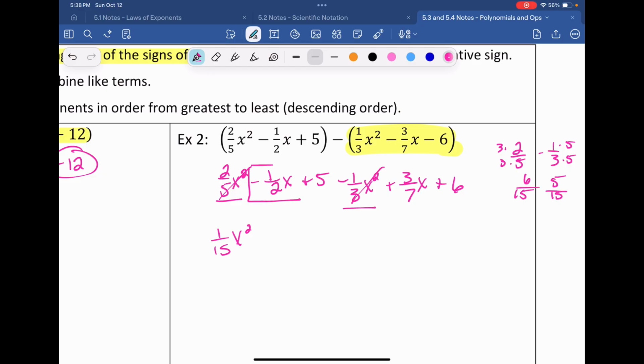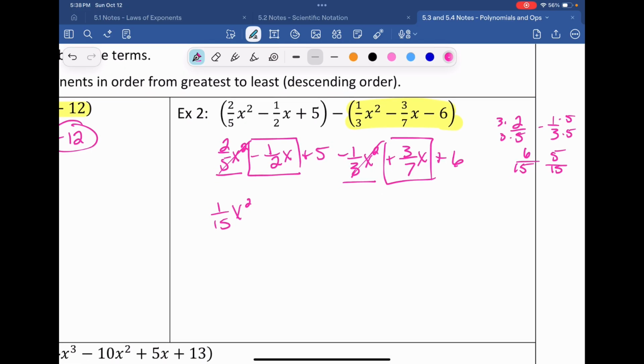Negative 1/2 x squared, or x and 3/7. Okay, negative 1/2, 3/7. That's 14. So multiply by 7, multiply by 7, multiply by 2, multiply by 2. So this is negative 1/14 x. Again, do that in your calculator, guys. Make sure you include the signs. Positive 5, positive 6, 11.